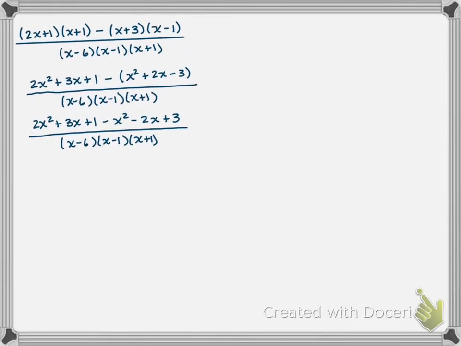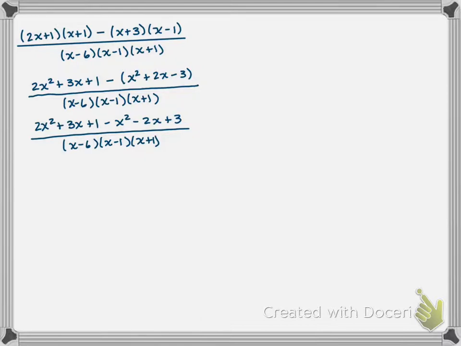Make it smaller. Okay. So now we're ready to combine like terms. We have 2x squared minus x squared is x squared. 3x minus 2x is x. And 1 plus 3 is 4. All over my common denominator.